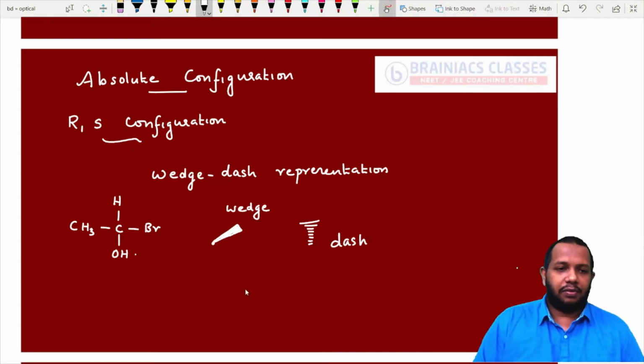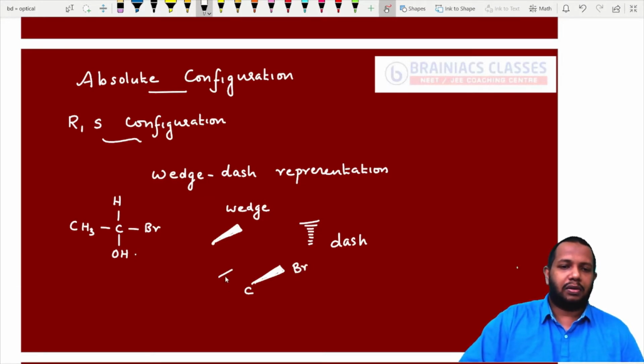For example, if I am going to represent it like this, see here. Now you can see that here bromine, here hydrogen is present, and here OH, and here CH3.